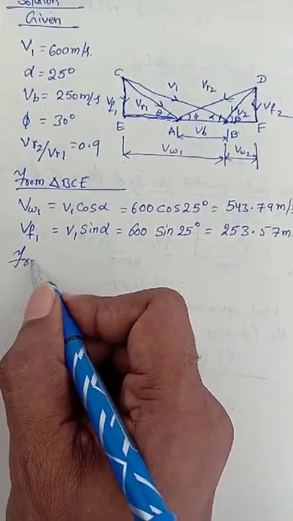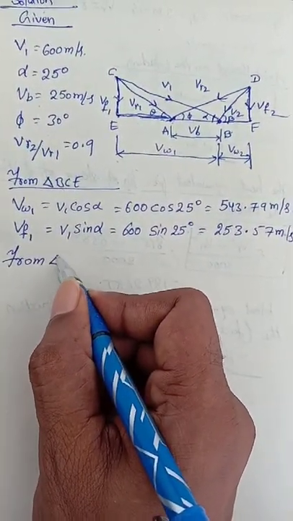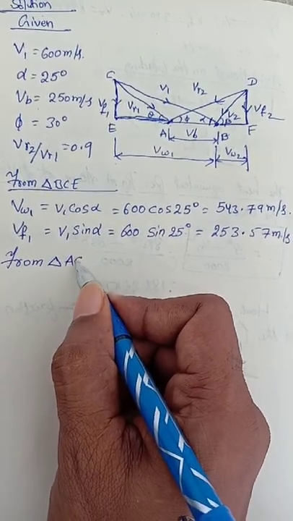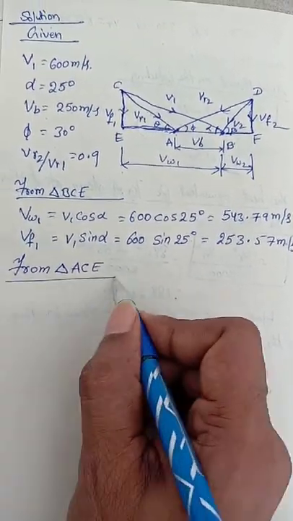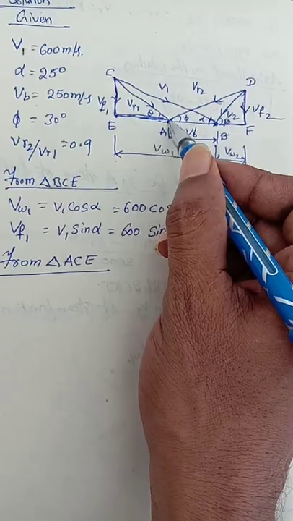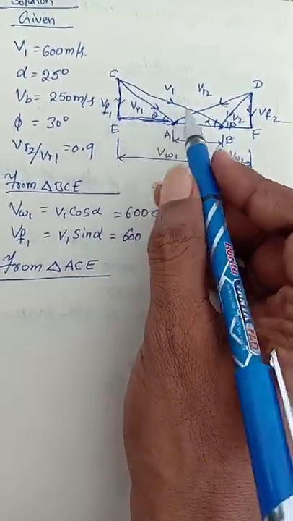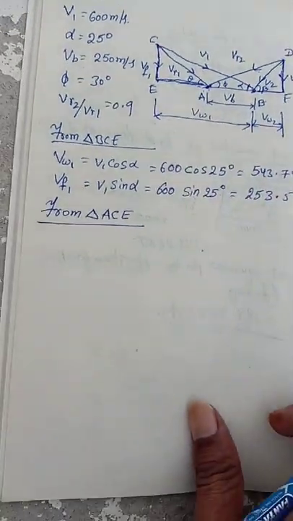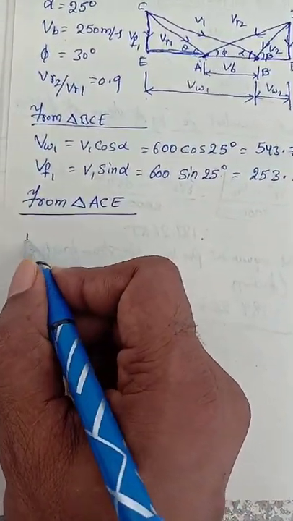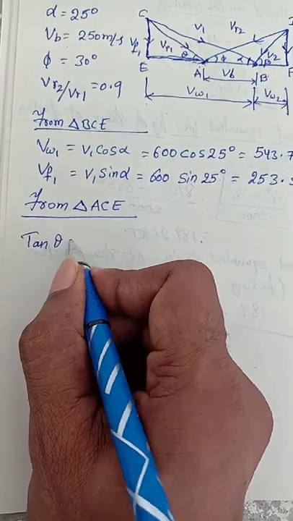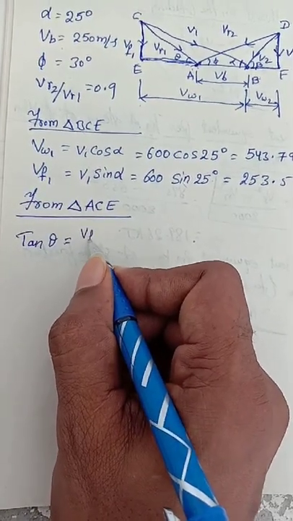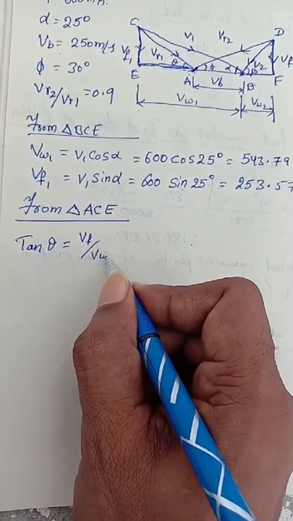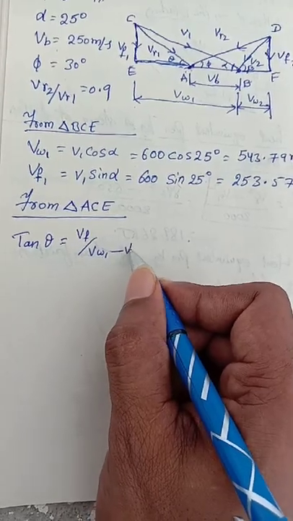And now we go for triangle ACE. Now we are going to take this triangle ACE, and then we can calculate tan theta is equal to EF by VW1 minus VB.